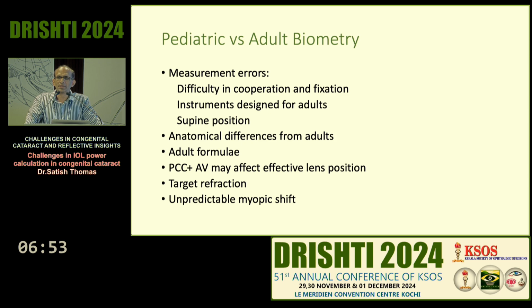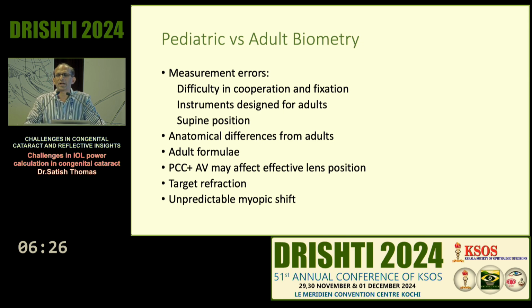There are anatomical differences in a congenital cataract case as compared to an adult eye. The formulae that we use for biometry are all adult formulae. If we do a primary posterior capsulorhexis and anterior vitrectomy, it may affect the effective lens position that we anticipate at the end of the surgery.